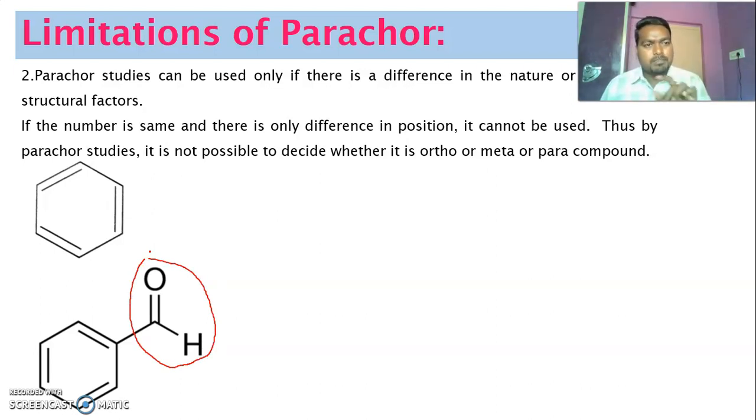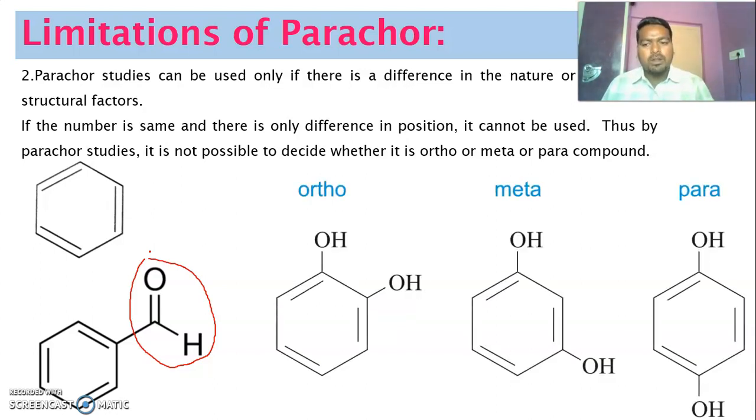That means the Parachor value for benzene is different and for aldehyde different. But we cannot distinguish ortho, meta and para substituted benzene by using this Parachor value, because the Parachor value is the same for all 3 structures. All the structures differ by position, but the value is the same.